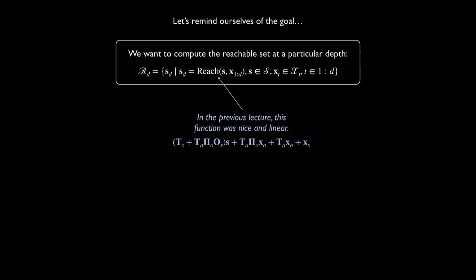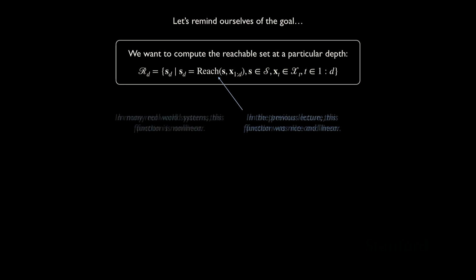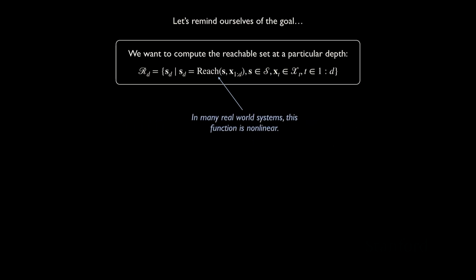And in the previous lecture, this reach function was really nice and linear. So we could just apply this linear equation over and over again, and we just keep getting linear functions of our state and disturbances. And so we didn't have any issues passing sets through them. But now, in many real world systems, this function is actually nonlinear, and we can't just get away with doing these linear set operations.